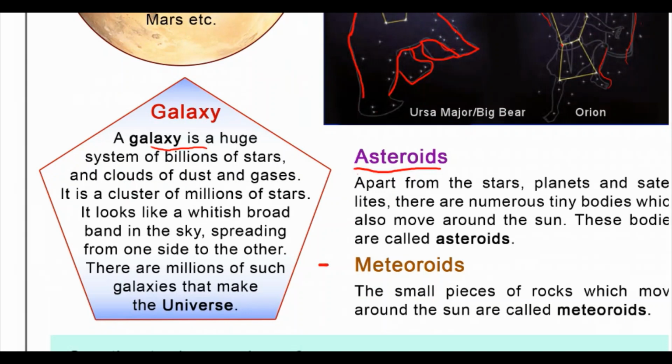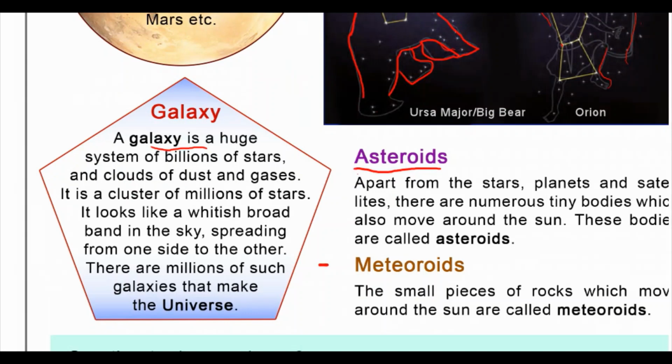So let's read. A galaxy is a huge system of billions of stars and clouds of dust and gases. It is a cluster of millions of stars. It looks like a whitish broad band in the sky spreading from one side to another.